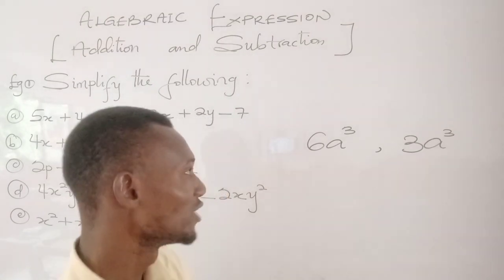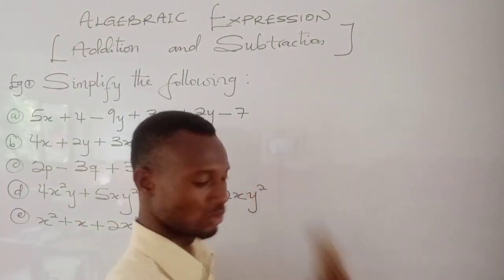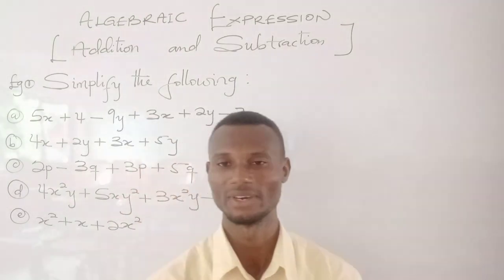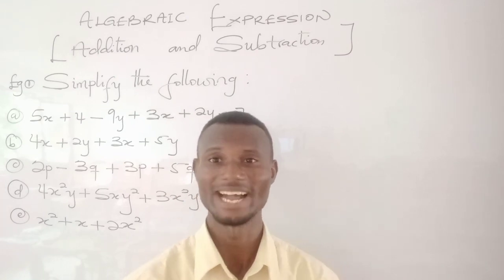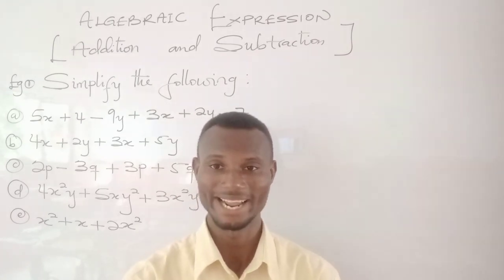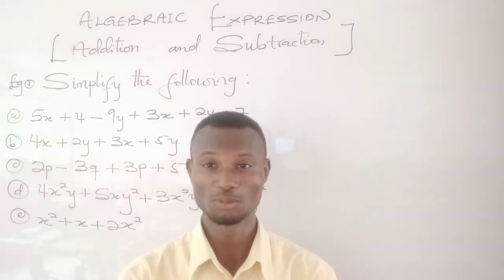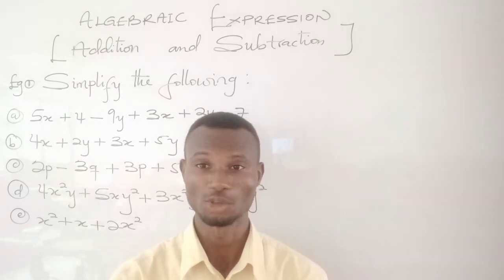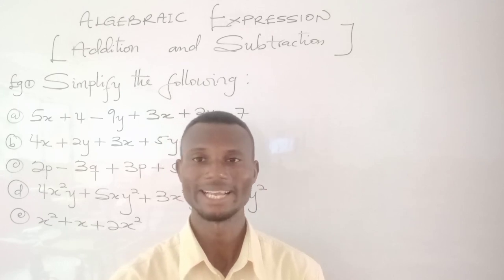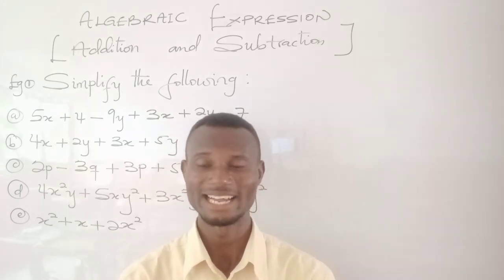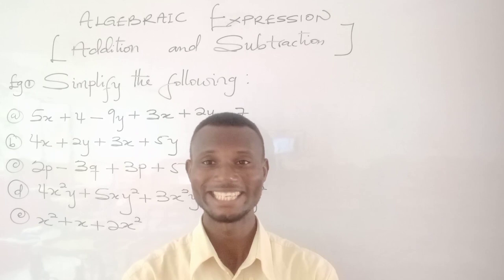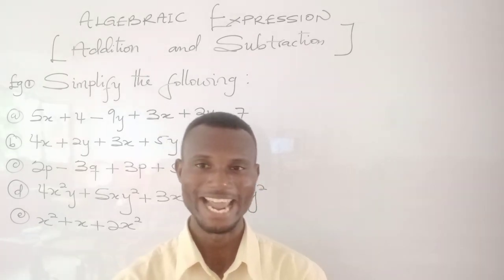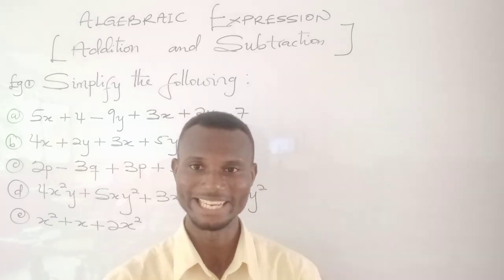Okay, good. So I'm going to clean this for us to go a step further on the explanation. Now we've established that when it comes to the addition or subtraction of algebraic expressions, we can only add or subtract like terms. And I've explained that a lot to you, that like terms simply means that the variables have to be of the same kind and of the same nature.